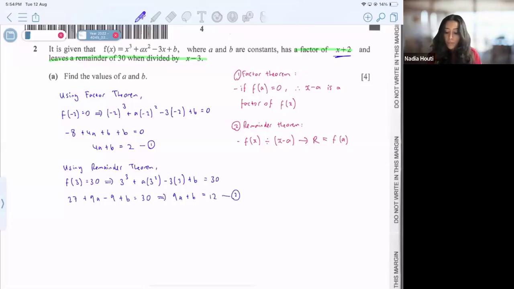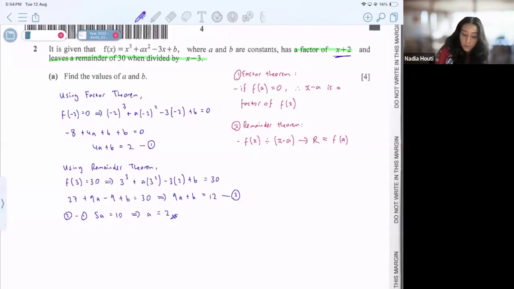Then you solve these two simultaneous equations, number 1 and number 2. So you can get equation 2 minus equation 1. That will give you 5a equals 10, so a is equal to 2. Then you substitute this value of a into either equation number 1 or equation number 2.